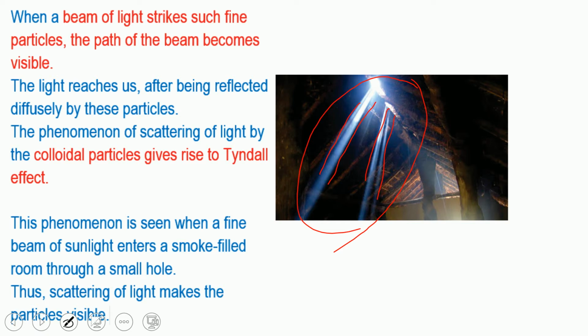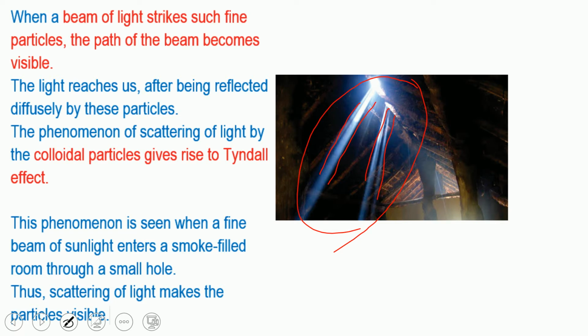Then the phenomenon of scattering of light by colloidal particles gives rise to the Tyndall effect. This phenomenon is seen when a fine beam of sunlight enters a smoke-filled room through a small hole. That is the example we see.